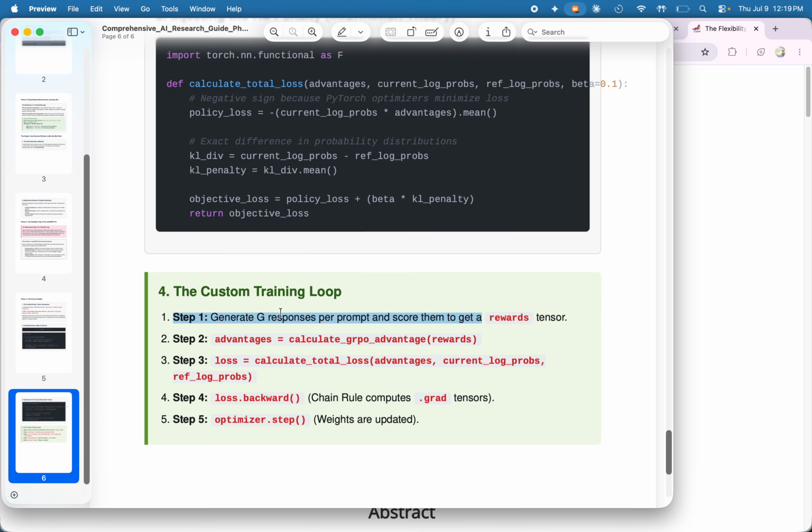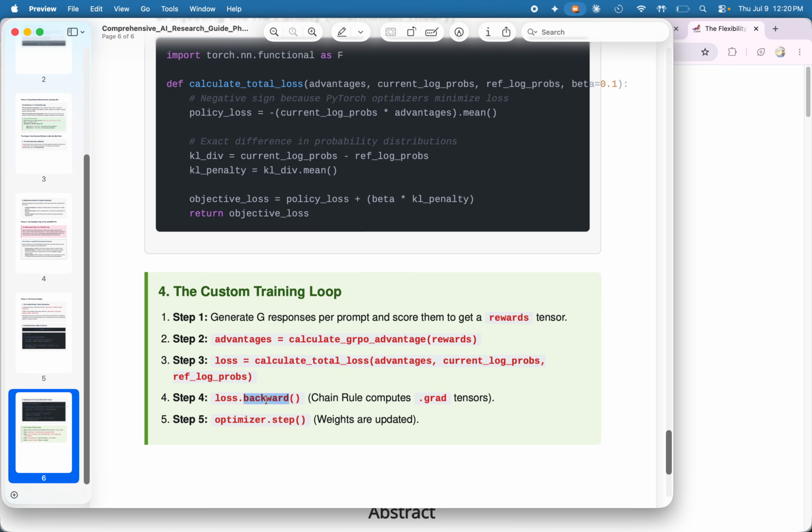So the flow during post training is that we generate G responses, the number of groups, and then we calculate advantages using the Z score, and then we calculate the KL loss. We make sure we calculate the total loss, and for the total loss we also apply KL divergence.